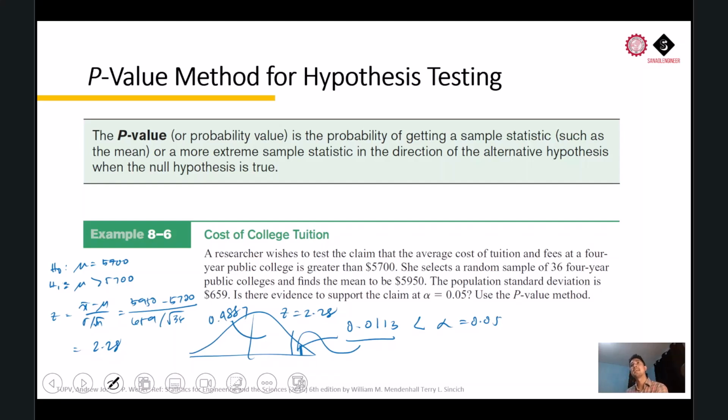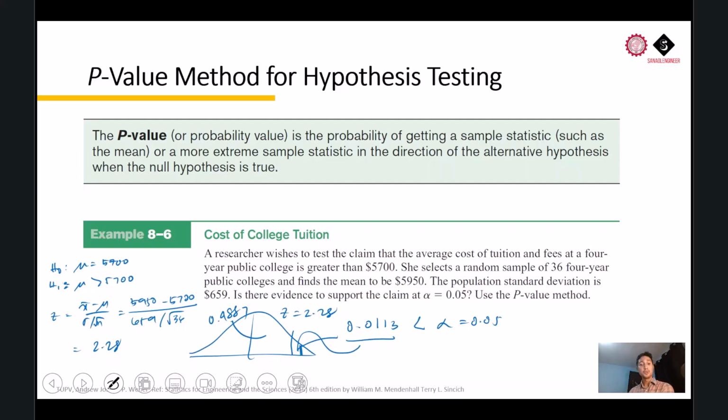It's like saying your chance of committing a type 1 error is only 5%, but given the data or the information that you have, your chance of committing a type 1 error is actually 1.13%, which is lower than the allowed probability to commit error.